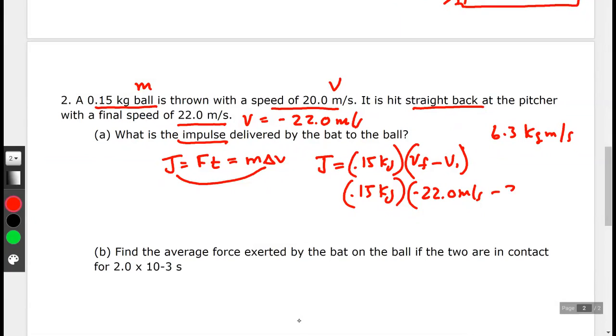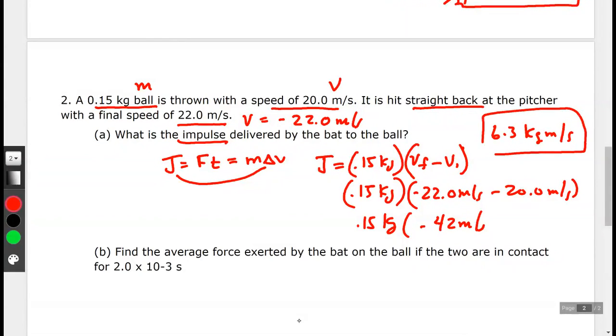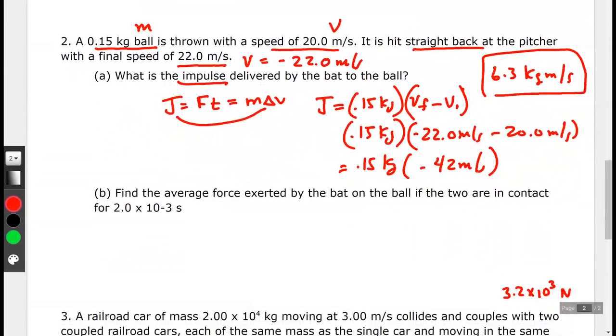The initial is 20.0 meters per second. That's a negative 42 change. 0.15 kg times negative 42 meters per second gives you an impulse of 6.3 kilogram meters per second. Multiply the numbers, multiply the units.